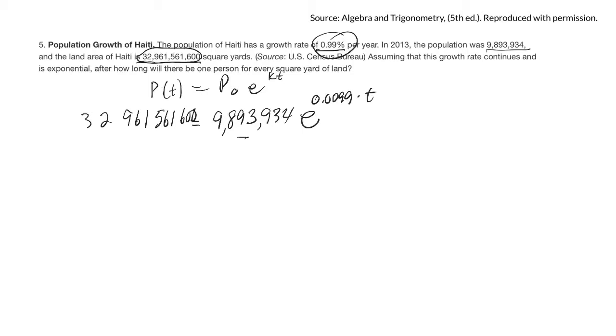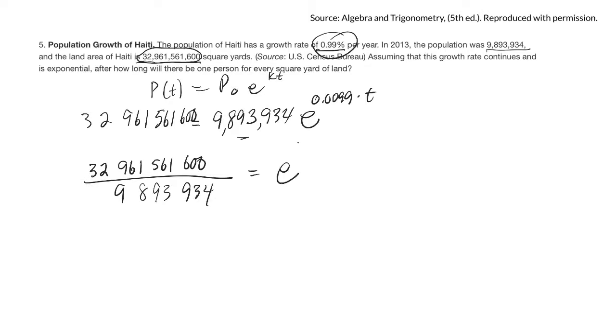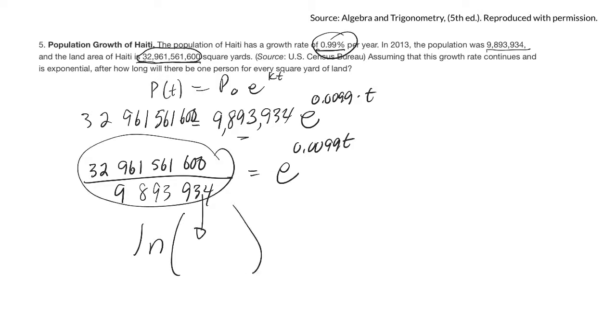So divide both sides by this, so I'll have 32,961,561,600 divided by this 934 equals e to the 0.0099t, and then same thing as we've done before. So it'll be the ln of this thing is equal to 0.0099t, divide both sides by 0.0099. And that'll come up with what your time is.